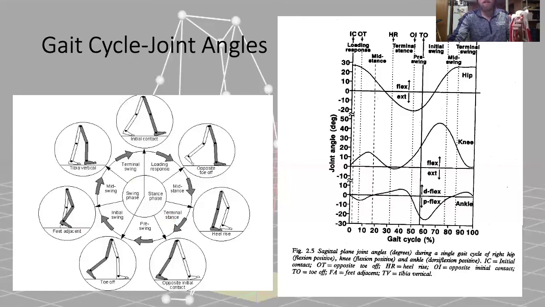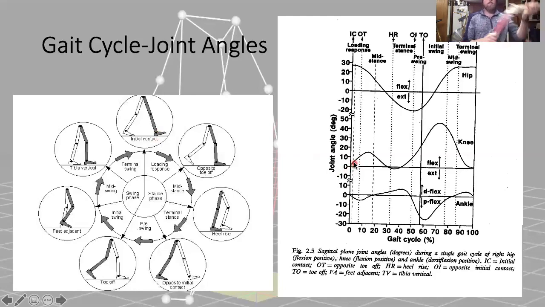If we look at the knee, remember it says knee flexion is positive. So knee flexion, right? Extension, flexion. So if we look at knee flexion during initial contact, this should make sense, right? We have some initial knee flexion.